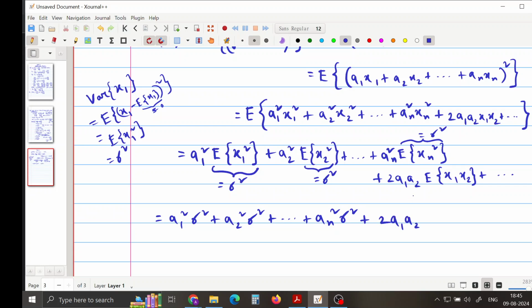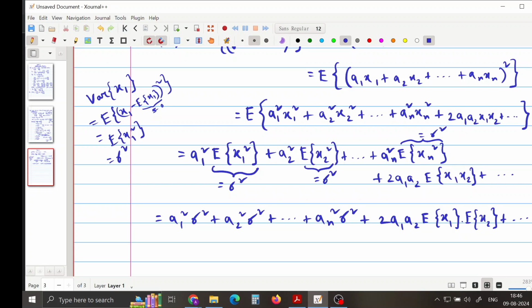2 a1 a2. Now this is a product of two IID Gaussian random variables x1 x2, and I have expectation outside. Can I write it like this, expectation of x1 times expectation of x2? Yeah, I can write this because they are IID and so they are independent random variables. In general there could be n number of such terms.